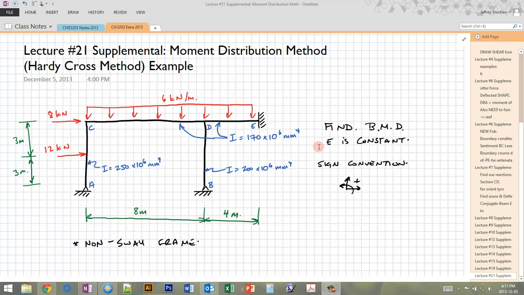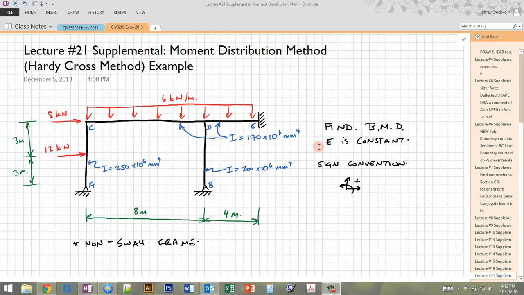So what we do is, for each free node, we lock them all to begin with. Then we successively unlock nodes, allowing them to go into equilibrium and applying the appropriate moments. Then we apply carryover factors that carry those moments to the other ends of the members, because of course if we apply a moment to one end of the member, that affects the other end of the member.